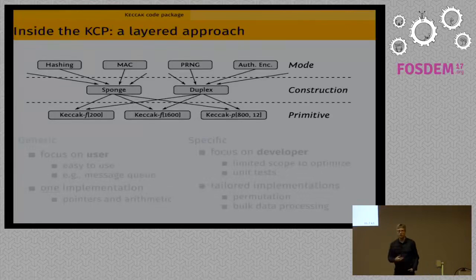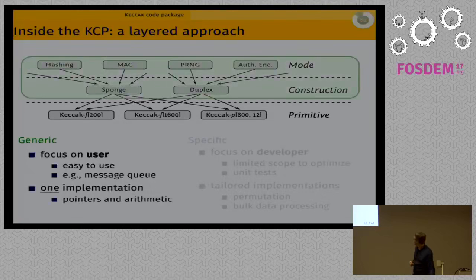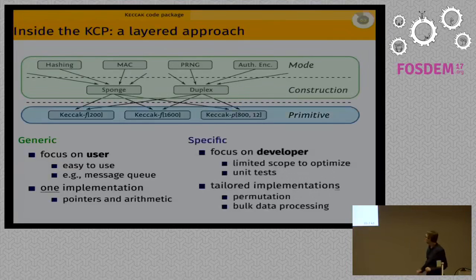So let me give you some more details on how it's organized inside this Keccak code package. The idea is that we have one layer above that is implementing the modes and the constructions in a more generic way. So there is no optimization, it's plain C code, it's portable code, and there is only one implementation. The idea here is really to make the life of the user easy, and there is nothing going on specifically for a specific target.